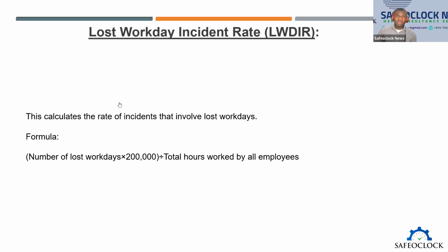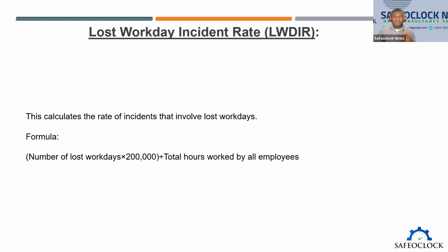The other parameter we calculate is known as lost workday incident rate. The lost workday incident rate calculates the rate of incidents that involve lost work days. Not all incidents will lead to a lost work day.